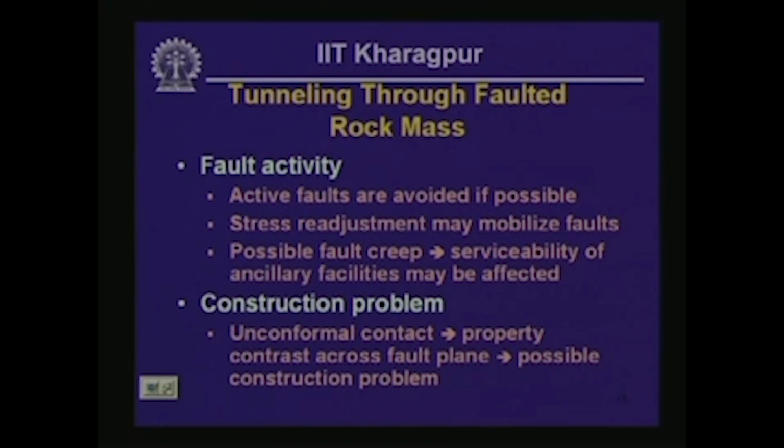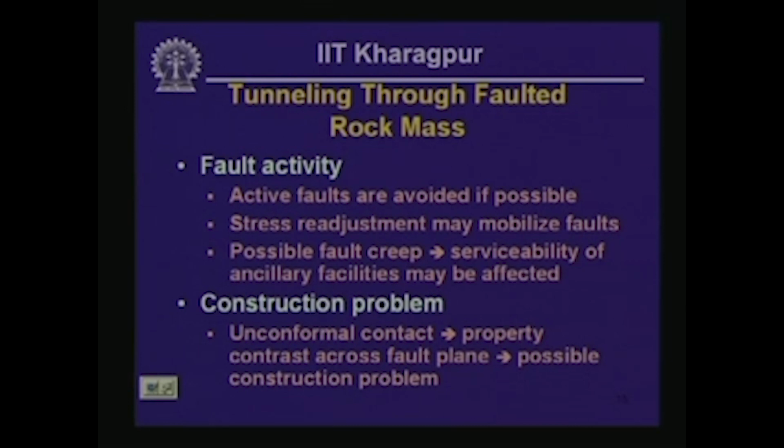Now, you also have to account for possible fault creep. Although the fault is not failing by a sudden movement, it could creep because of the removal of support or confinement in the process of construction of a tunnel opening.